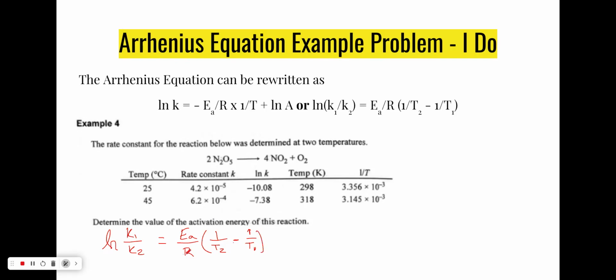Okay. Now, we could do several things at this point, folks. You could, as an example, take this and solve for E-act algebraically now, or we could plug in our numbers and reduce first, then solve.